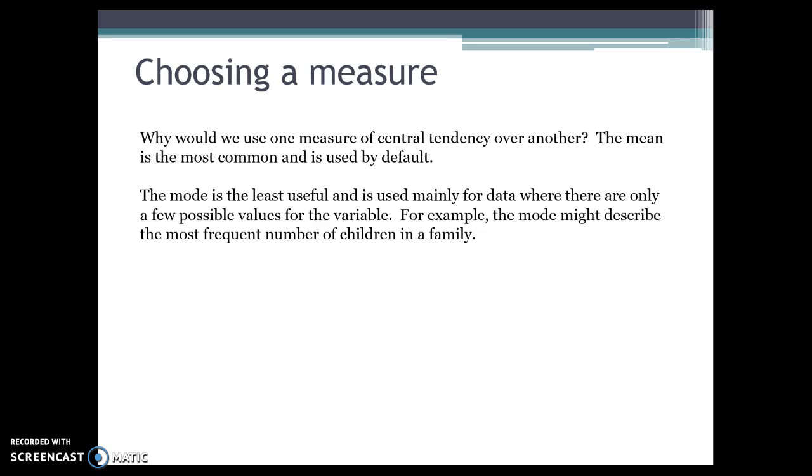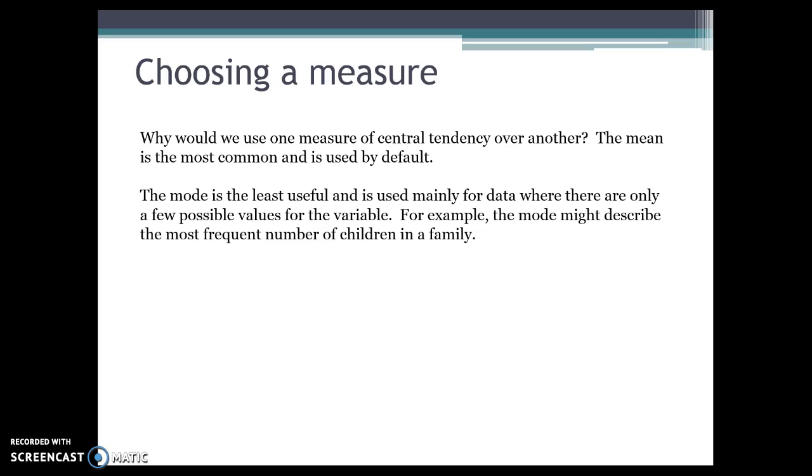So the mode is really the least useful, partly because, as we said earlier, there's sometimes more than one, sometimes there's not one at all. So that's part of it. But also it's just not that good of a measure of center.